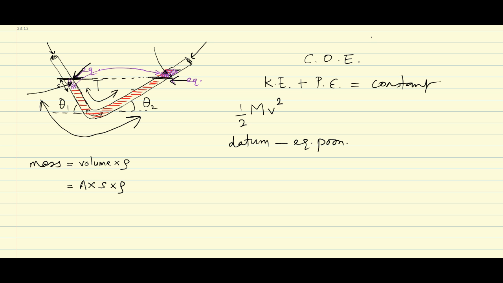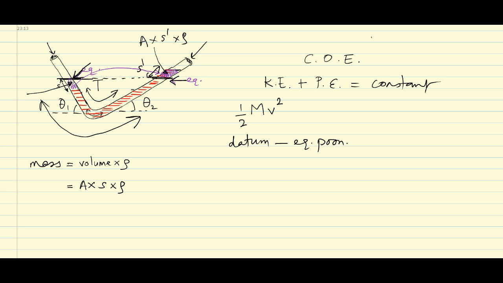But the mass of the purple shaded liquid in the right hand side, you can evaluate independently by using a similar formula. So it is the cross sectional area A multiplied by the slant side, which is of course this one, which I'll call S dash, multiplied by rho.